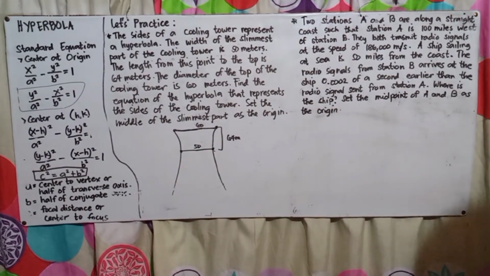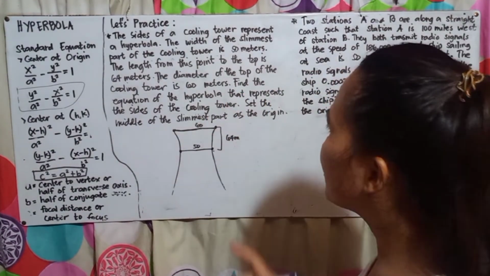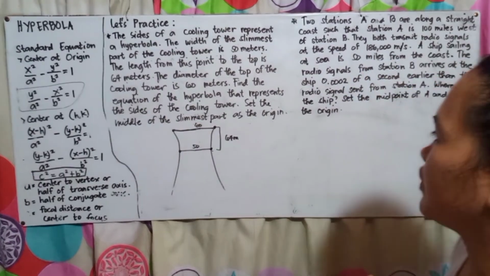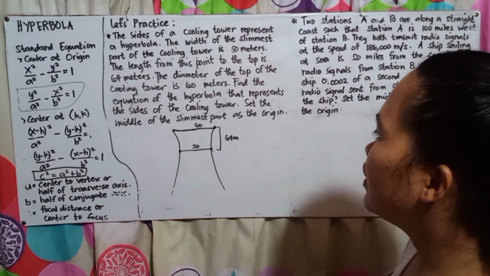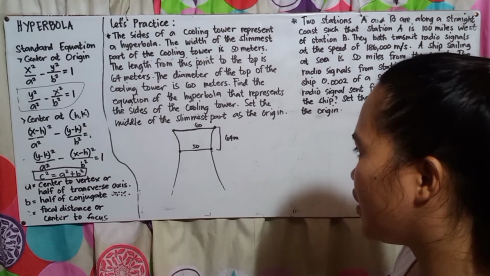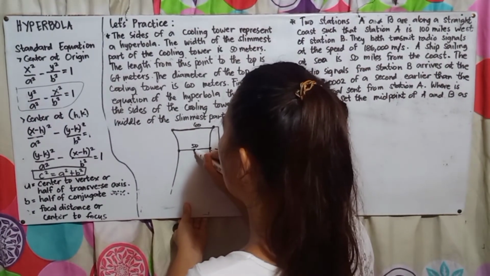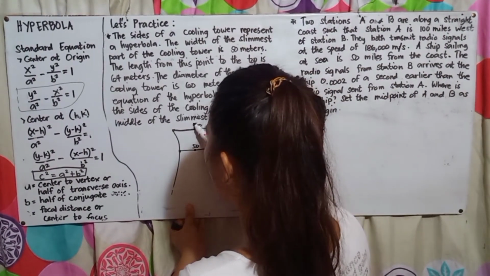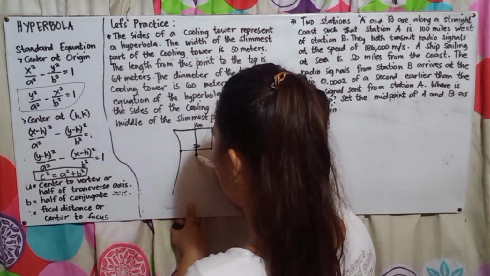Find the equation of the hyperbola that represents the side of the cooling tower. Set the middle of the slimmest part as the origin. So, the middle of the slimmest part is the origin.